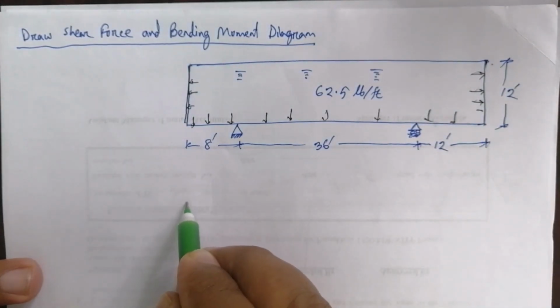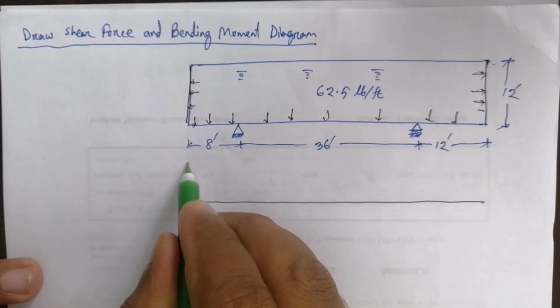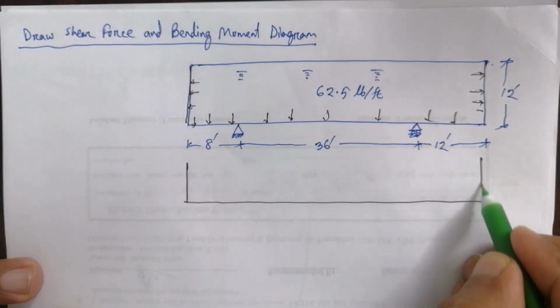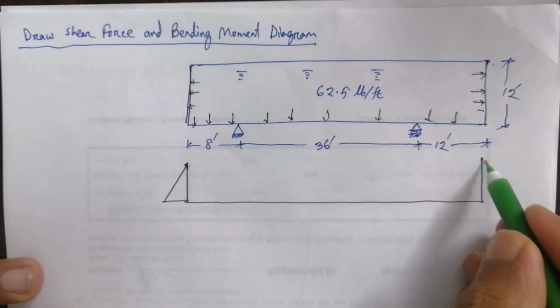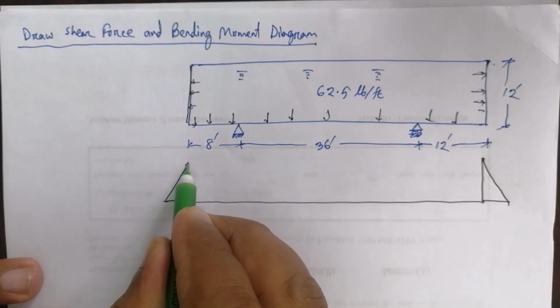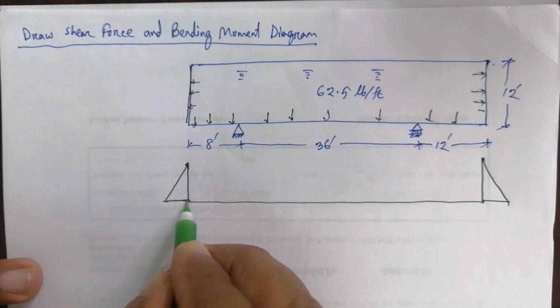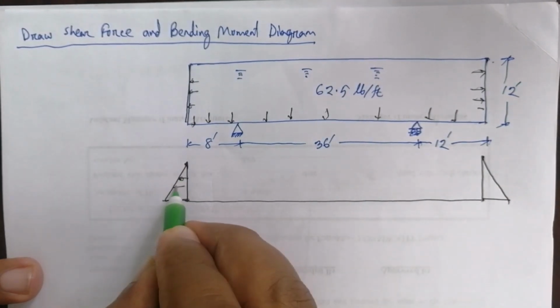If we draw the stress diagram, it looks like this. The stress here is triangular in shape, because the stress is minimum here, where there is no water, 0, and maximum here, where the height of water is 12 feet.